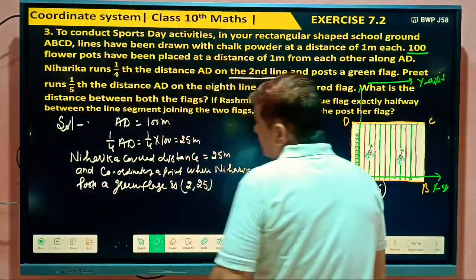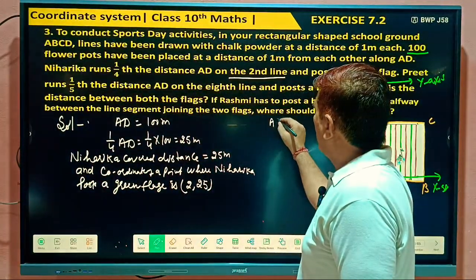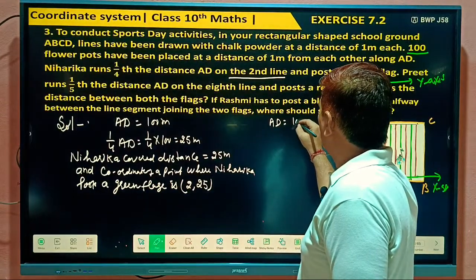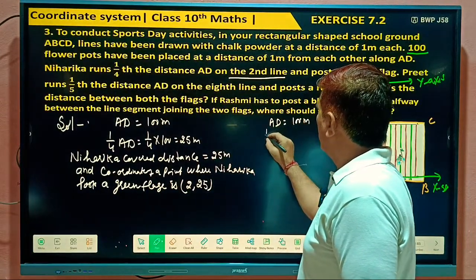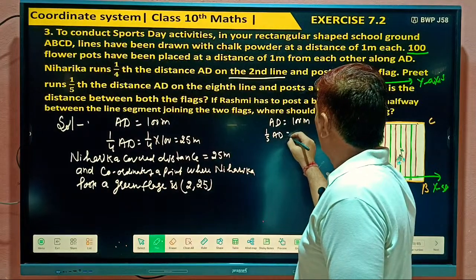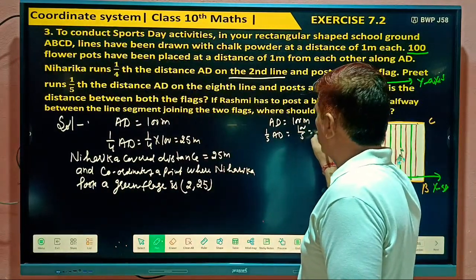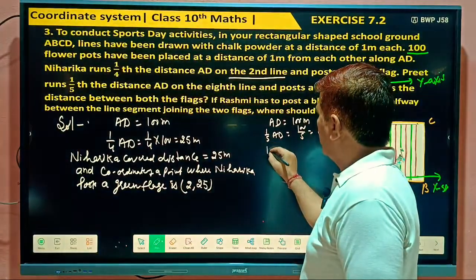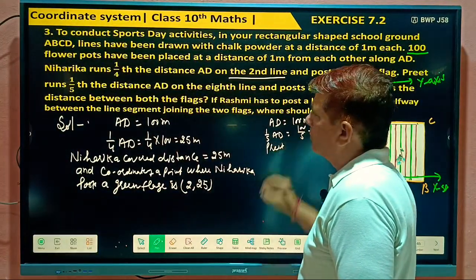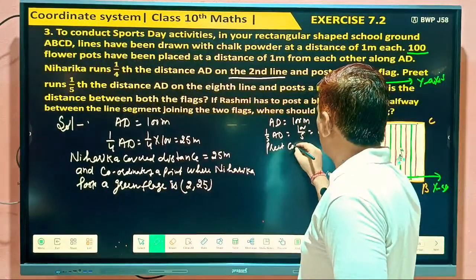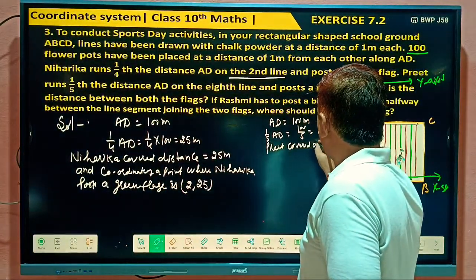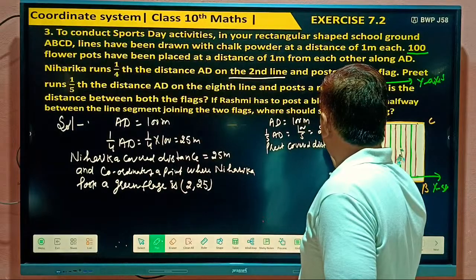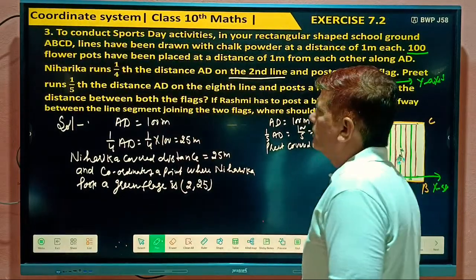In the same way, AD equal to 100 meter and 1/5 of AD, 100 by 5, how much? 20 meter. So Preet covers distance how much? 20 meters.